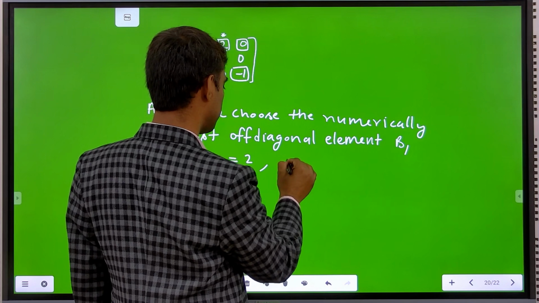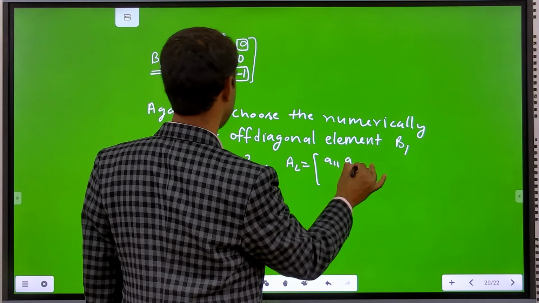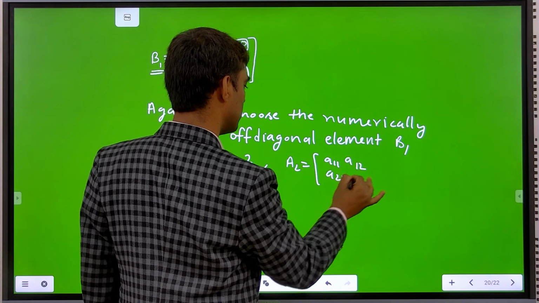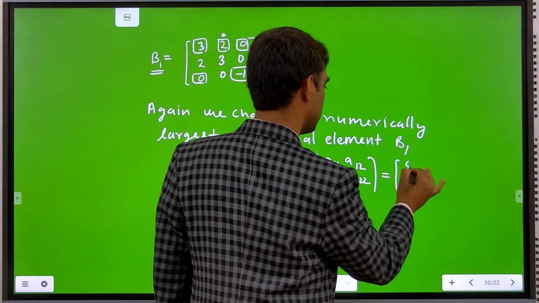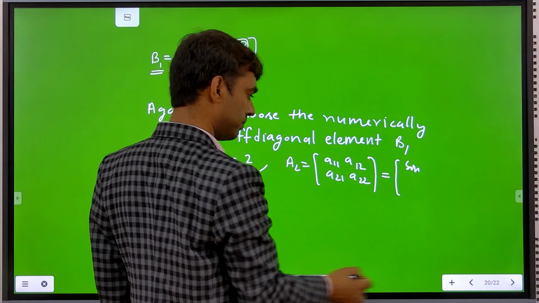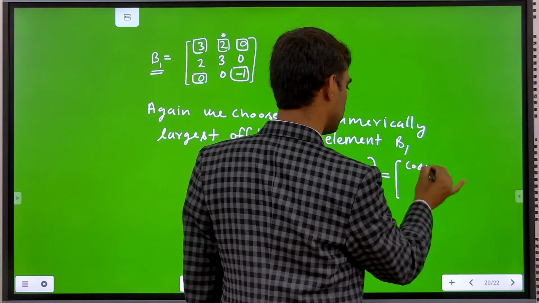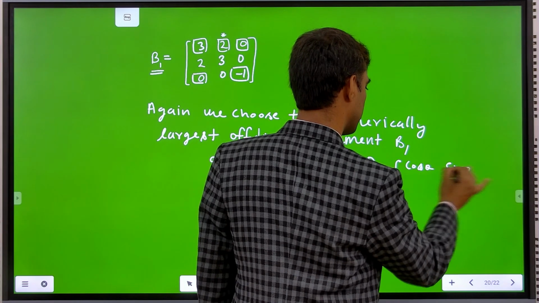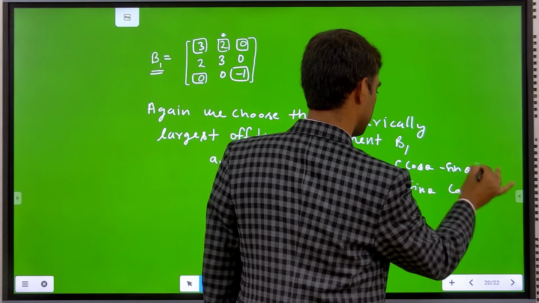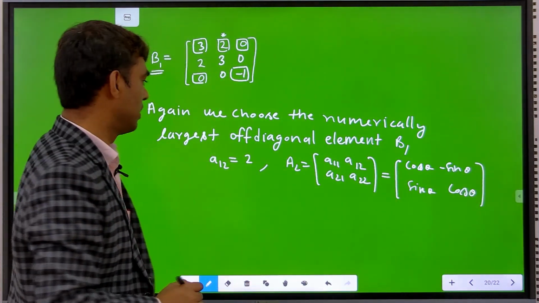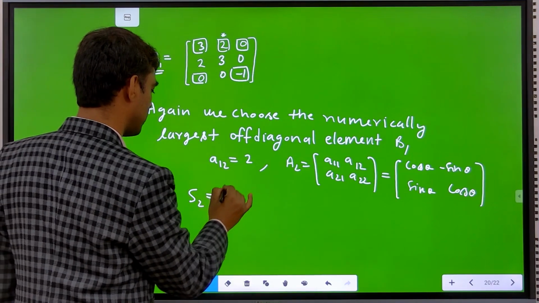A11, A12, A21, A22, and here we use the transformation cos theta, sin theta, minus sin theta, and cos theta. Okay. So, now we find S2. S2 equals what?